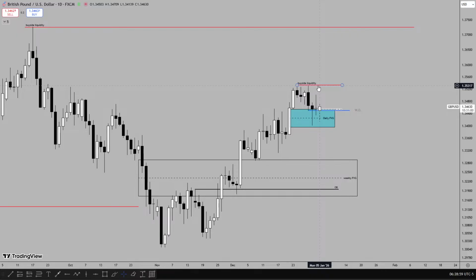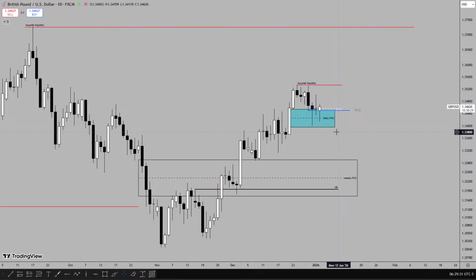So to consider correlation, I wouldn't be taking any trade if price were to trade higher. Structure wise, price is fully aligned with the weekly and the daily for price to run the buy side liquidity and to go for the overall bias.